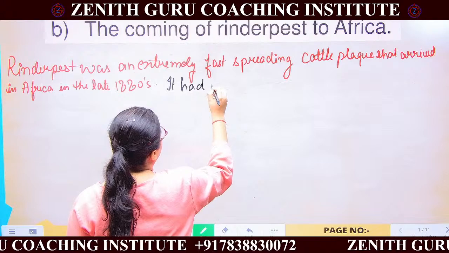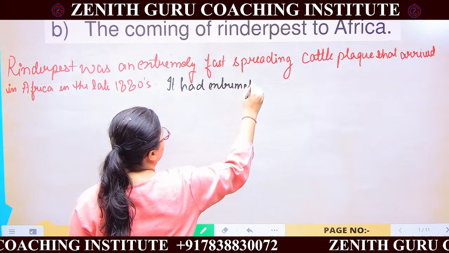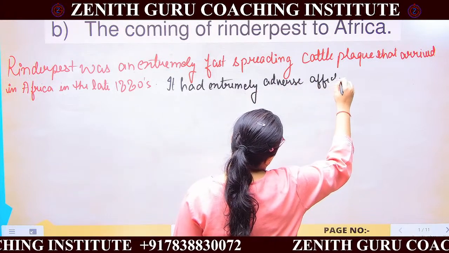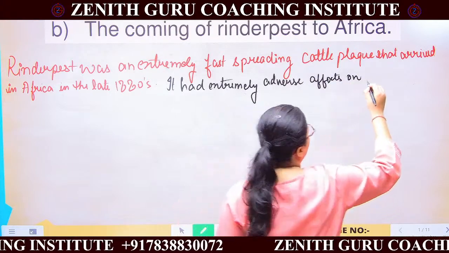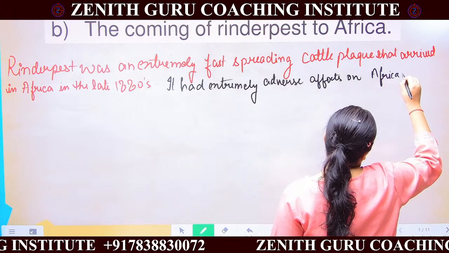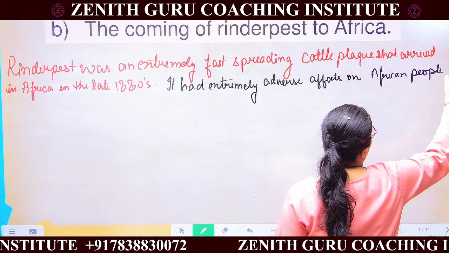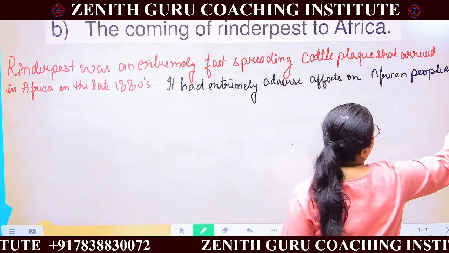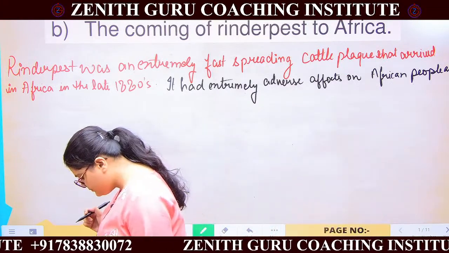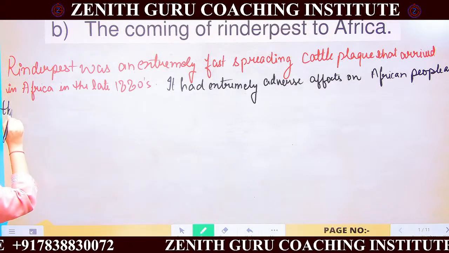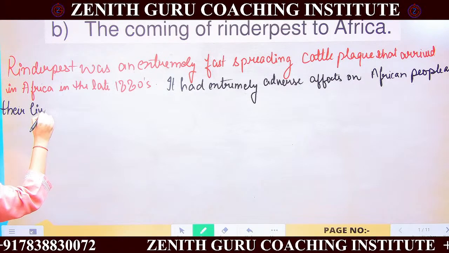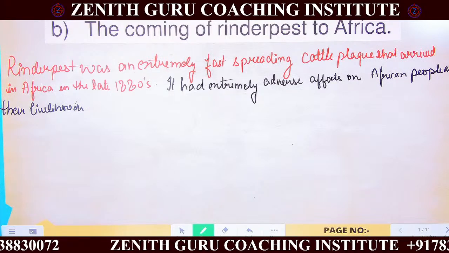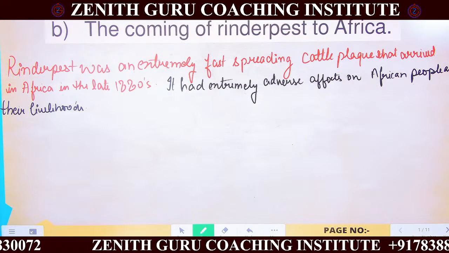अब उसके बाद it had extremely adverse effects on African people and their livelihoods. ठीक है, it had extremely adverse effect over African people and their livelihood.